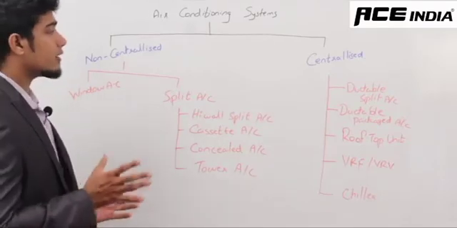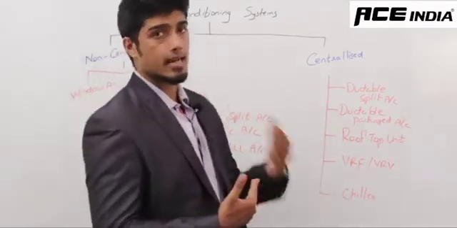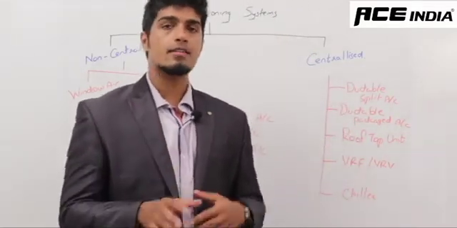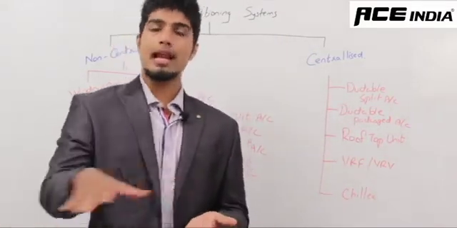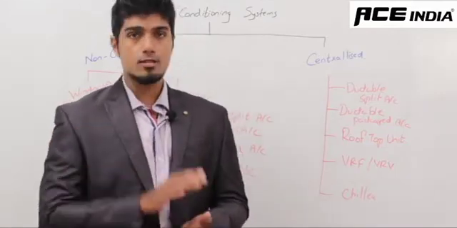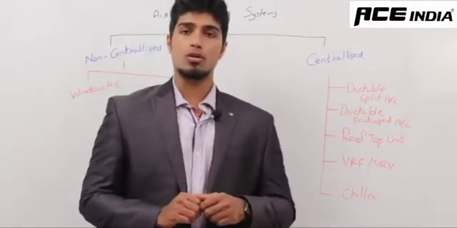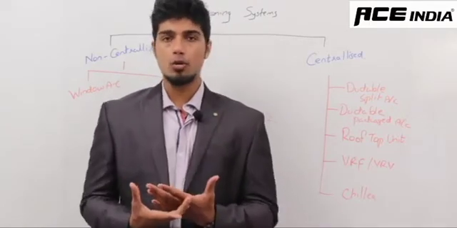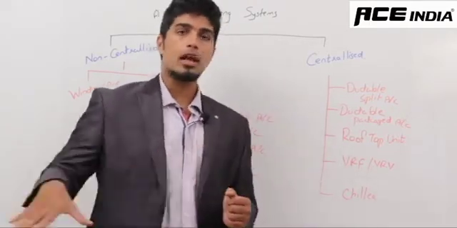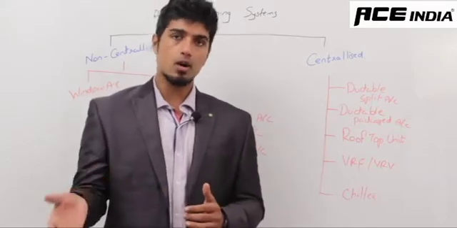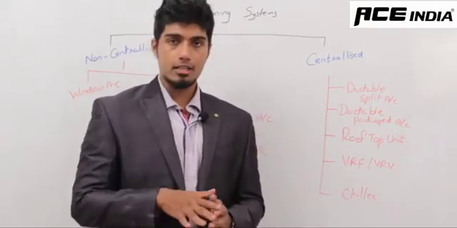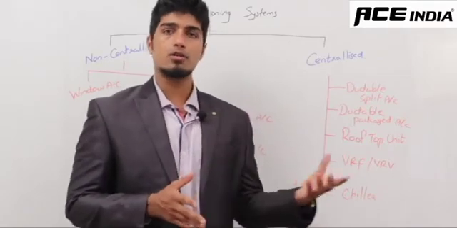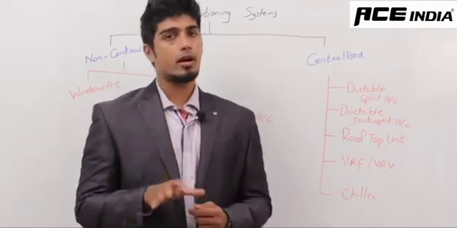The basic difference is that a centralized system will always have centralized control over the entire area or spaces that the system is conditioning. That means you will always have a centralized control panel on which you can control the temperature or the humidity level in every space with a singular remote control, or maybe a control panel. Whatever you require, you can do it.